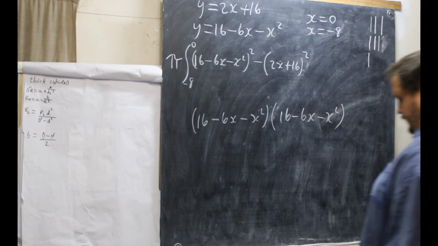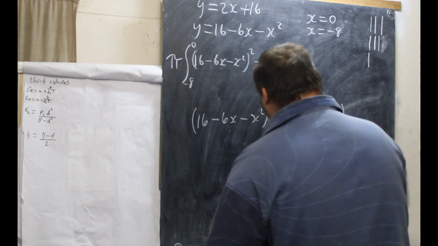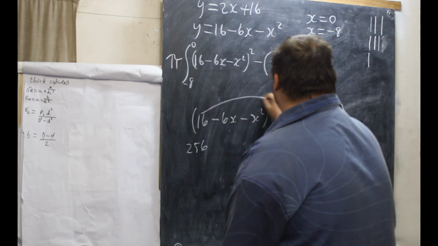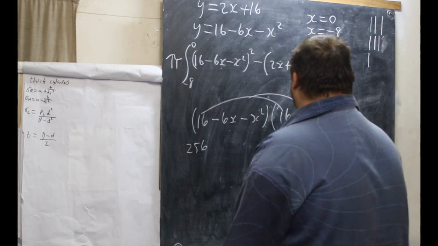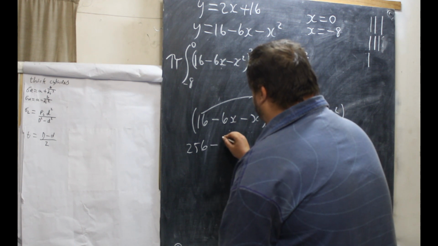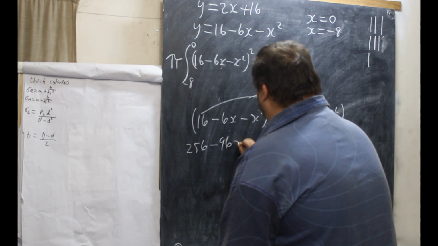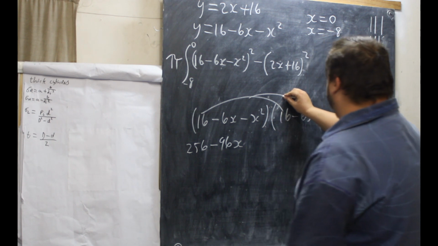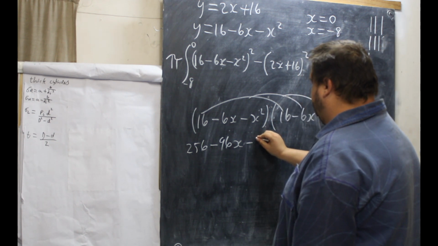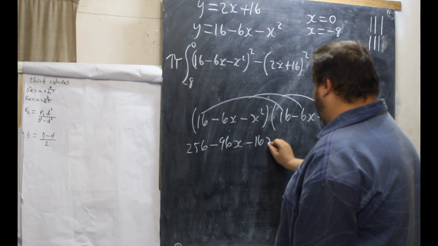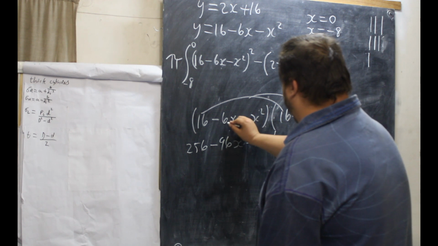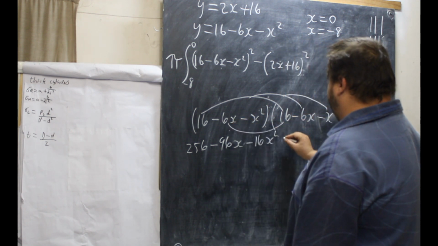Okay, 16 times 16 is 256. 16 times 6 is 96, minus 96x, minus 16x squared. Now we go to the next one.